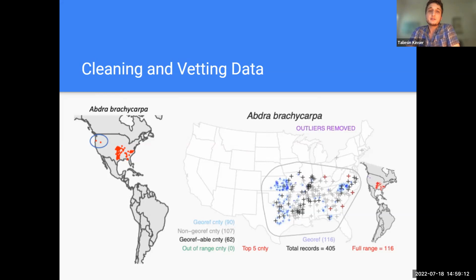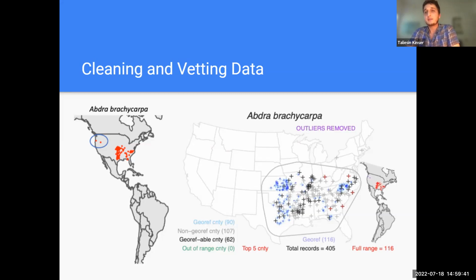You'll notice that there are two that are way off on the West Coast. There are a number of reasons why this might be. Those might have been planted in the garden. It might have been a misidentification or a different species concept. The longitude and latitude could have been entered incorrectly, or it could just have been wrong.